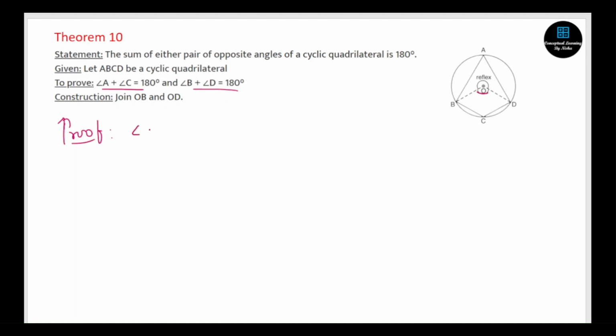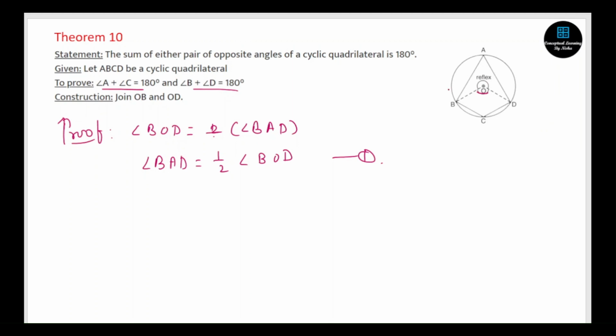Angle BOD, I can say, is twice angle BAD. Can I say that? Yes, I can say that. So BAD is half of angle BOD. I can write this as result 1.